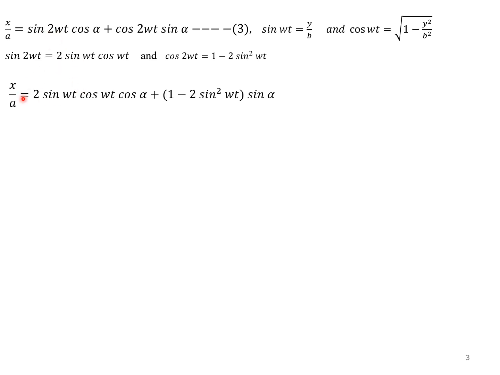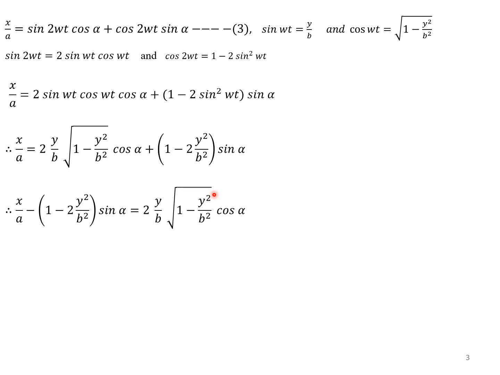That is, x/a = 2 sin ωt cos ωt cos α + (1 - 2 sin²ωt) sin α. Then substituting sin ωt = y/b and cos ωt = square root of (1 - y²/b²), we get x/a = 2 (y/b) square root of (1 - y²/b²) cos α + (1 - 2y²/b²) sin α.